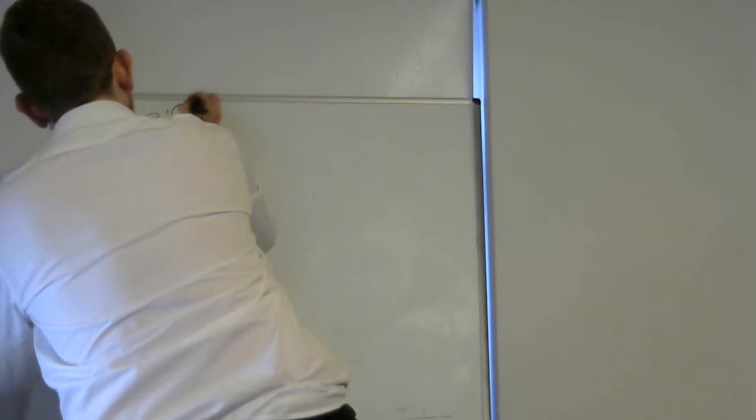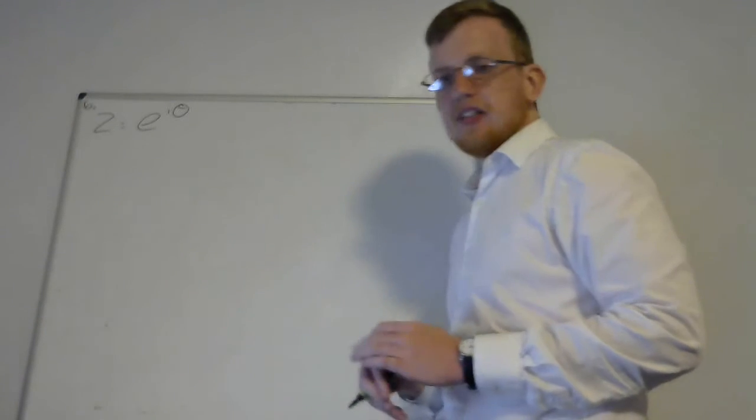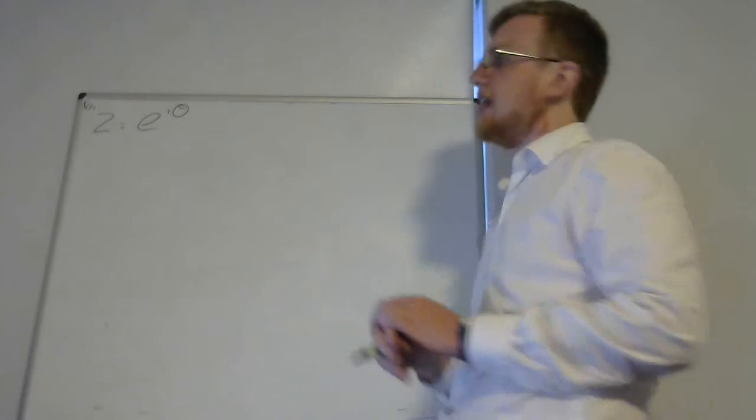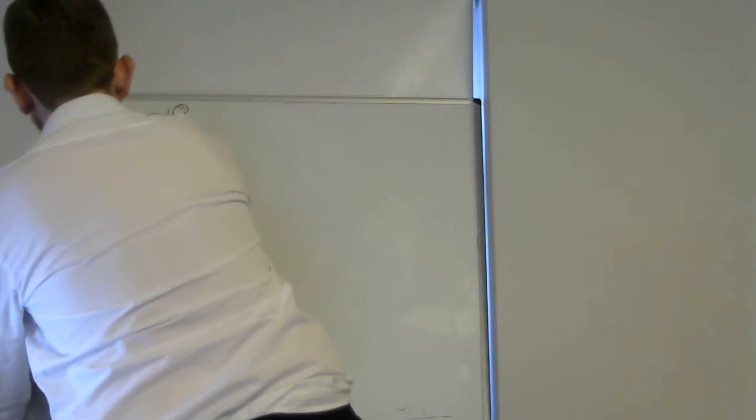Complex numbers. First of all, it tells you that z is equal to e to the i theta. And they want you to find what z plus 1 over z is. So z plus 1 over z.